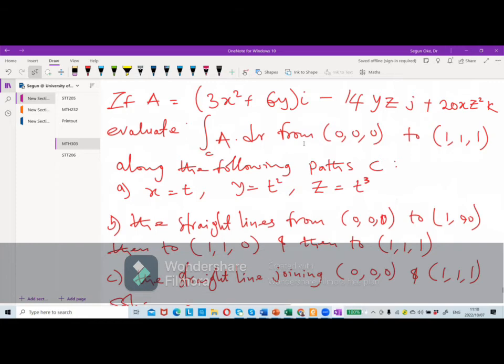At point t equals 0 as lower bound, and the upper bound is t equals 1. So that is what we are dealing with.